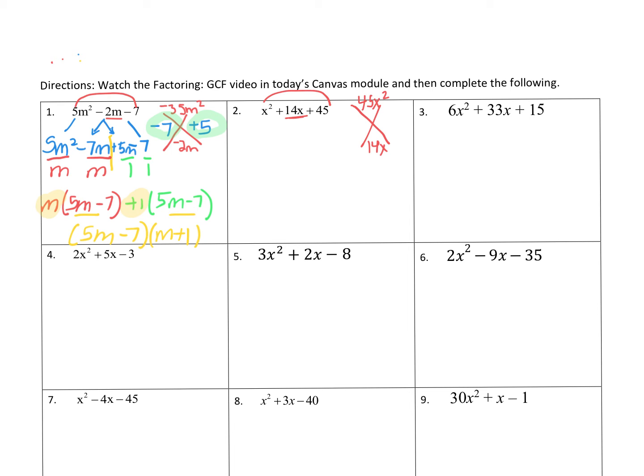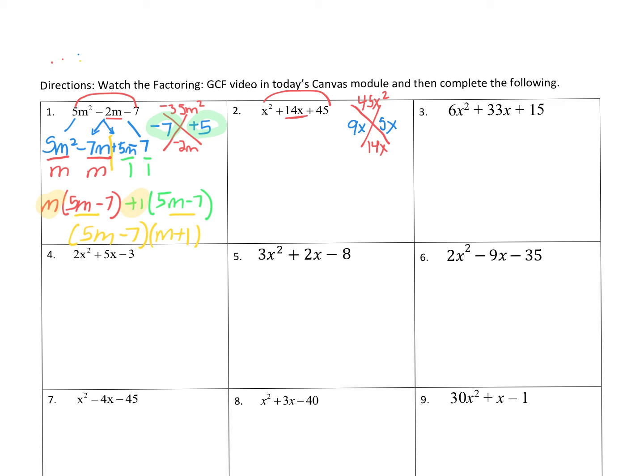So this tells me I'm looking for 2 numbers that multiply to 45 that add to 14. So I kind of luck out with 45, not a lot of factors: 1 and 45, 9 and 5. 9 and 5 we should be able to identify pretty quickly, multiply to 45, and add to 14.